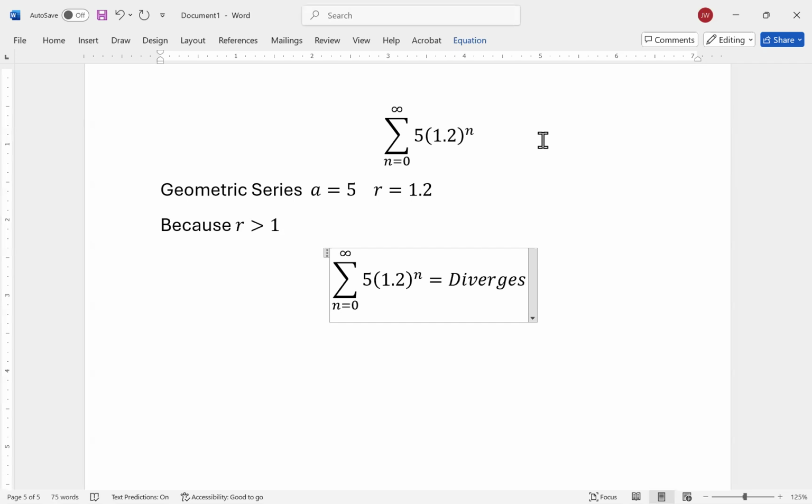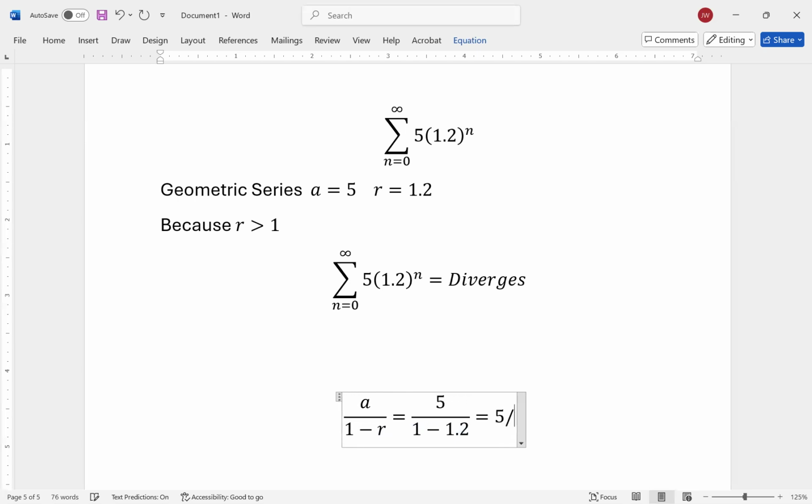By the way, you get a really interesting thing if you mistakenly just throw in the formula a over 1 minus r. If I actually calculated a over 1 minus r, what you would get is 5 over 1 minus 1.2, which is 5 over negative 0.2.